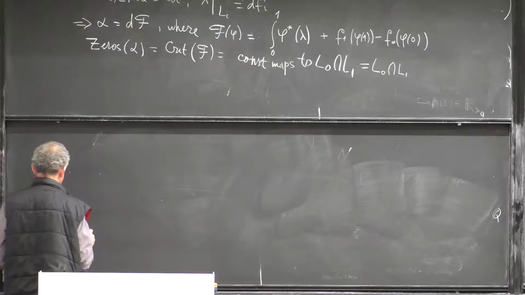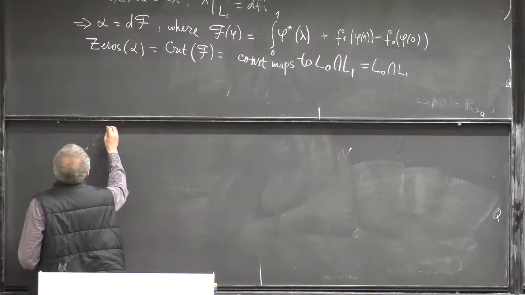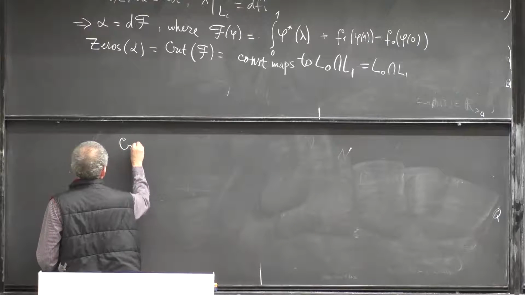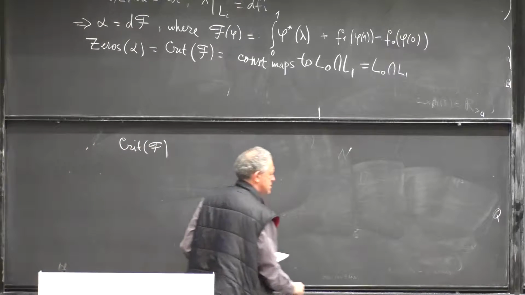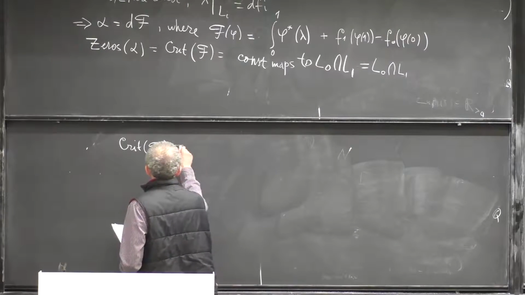So let's assume that this critical set is a finite union.